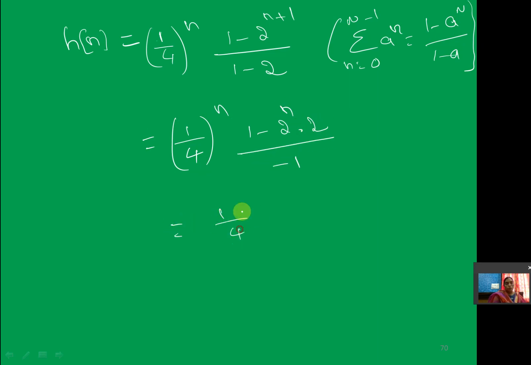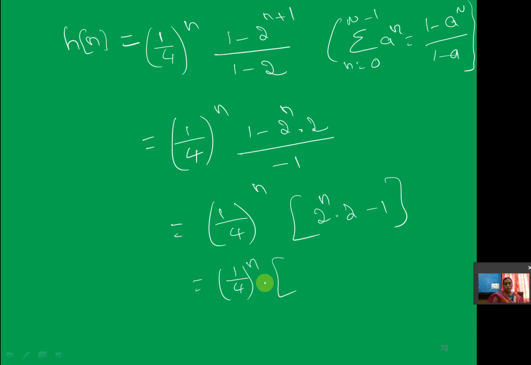So 1 by 4 whole power n, here 2 power n into 2 minus 1. This is nothing but 4 power minus n, or 1 by 4 whole power n.